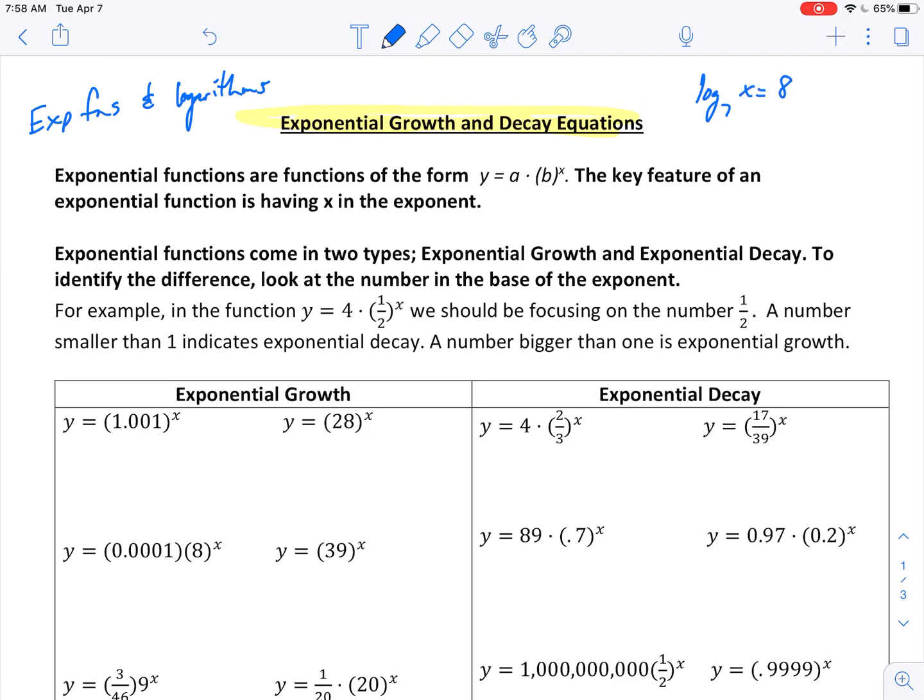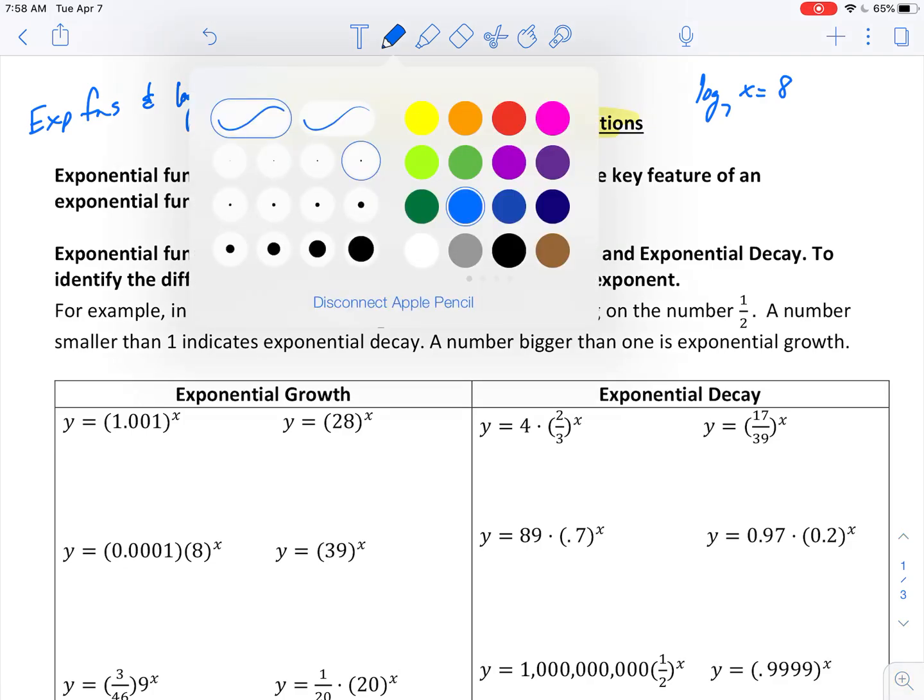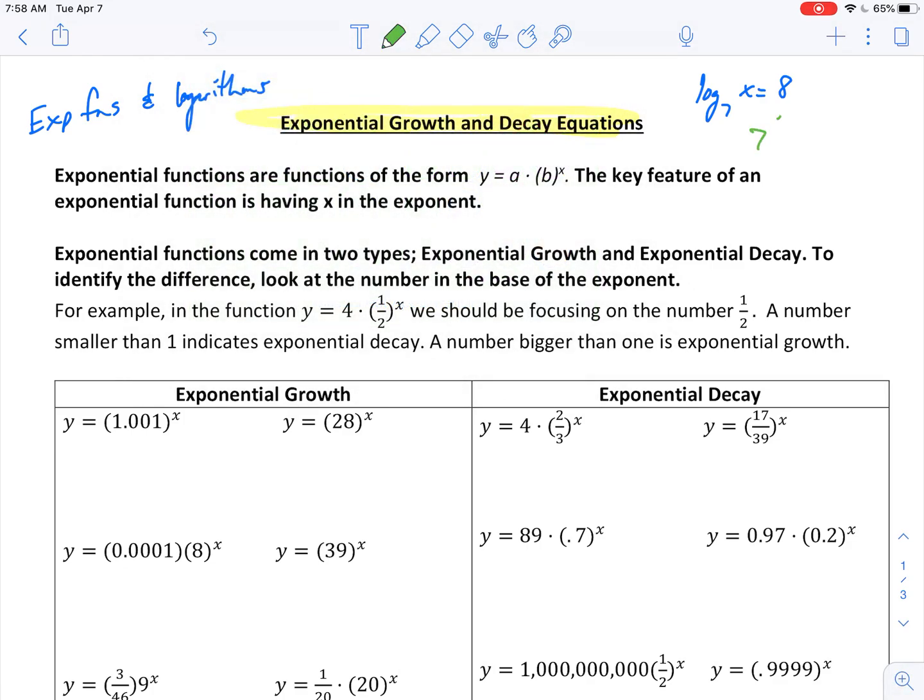Those are opposite functions, and we saw that a little bit when we would write equations like log base 7 of x equals 8. And we'd say, well, I can't really solve that. So let me write that in a different format. Let me write that as 7 to the 8th equals x.